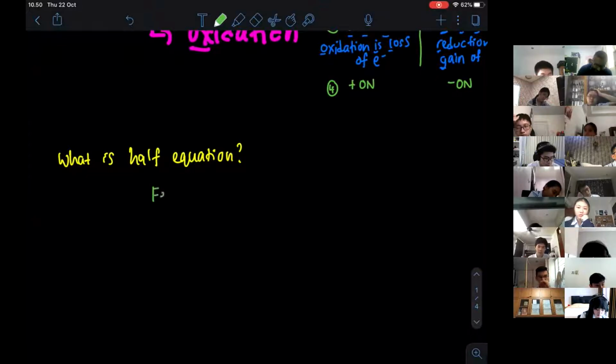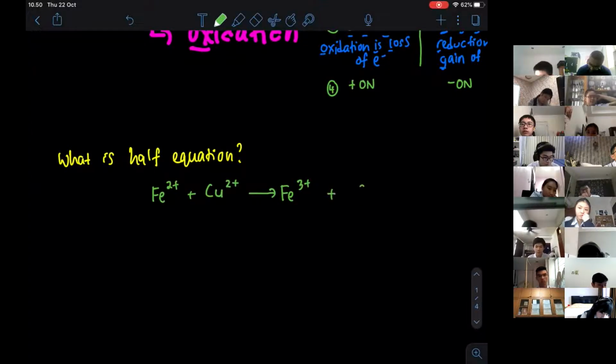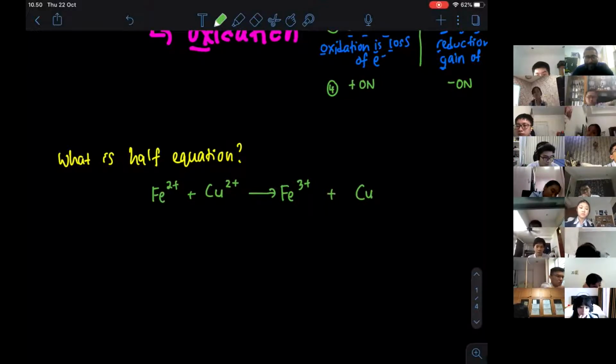If I have Fe2+ to Fe3+, and Cu2+ becomes Cu, if I have this as my equation, the first question I want to ask you is, is this a half equation?